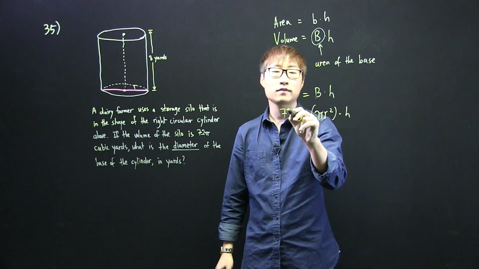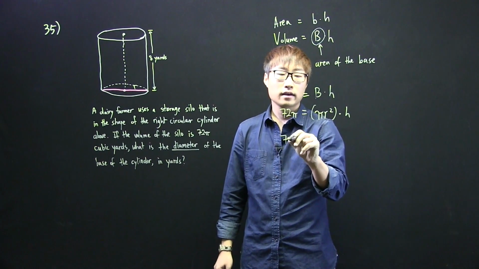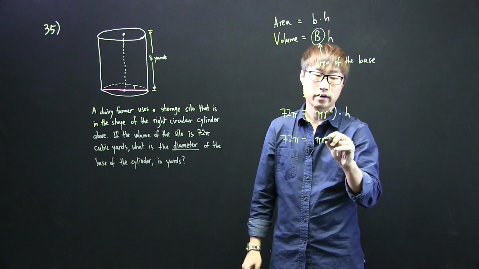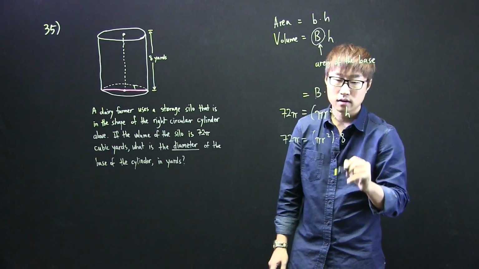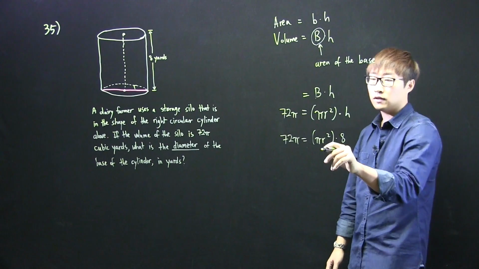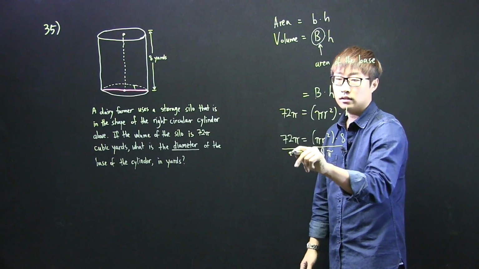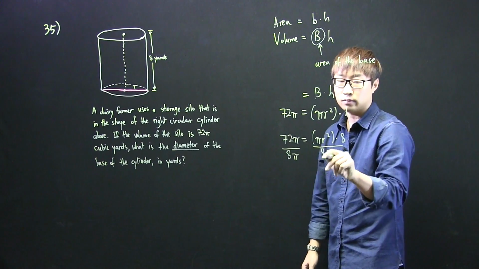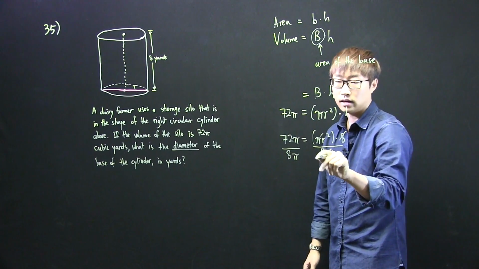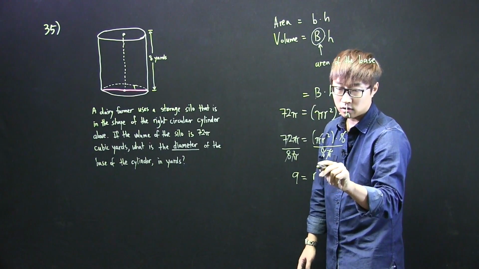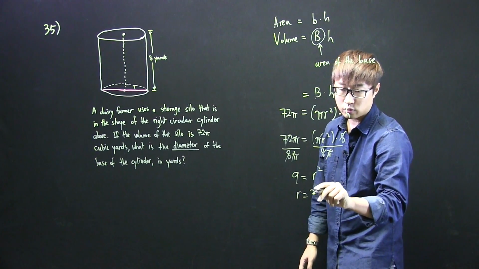The volume is 72 pi, and the height is 8. So pi r squared times 8. We can divide by 8 pi on both sides to cancel out as many terms as possible. Cancel the pi, cancel the 8, and that gives me 9 is equal to r squared, so radius is 3.